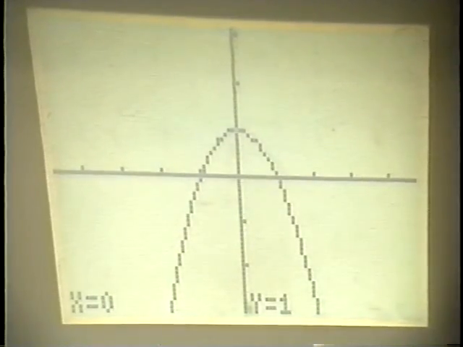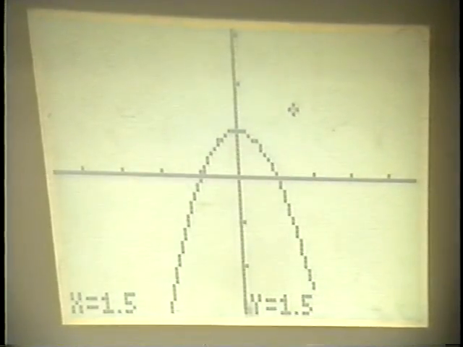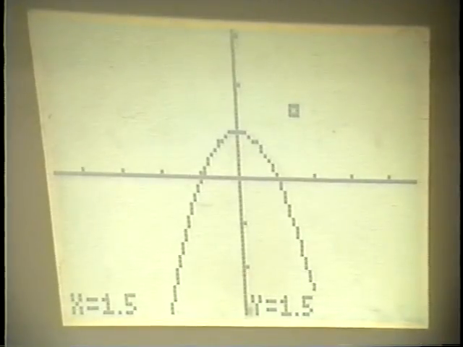Move your cursor to wherever you would like a corner of your box to be. So let's say that's going to be the upper right-hand corner of my new viewing window. Hit enter. Now move either left or right or up or down to indicate what my new viewing window should be.